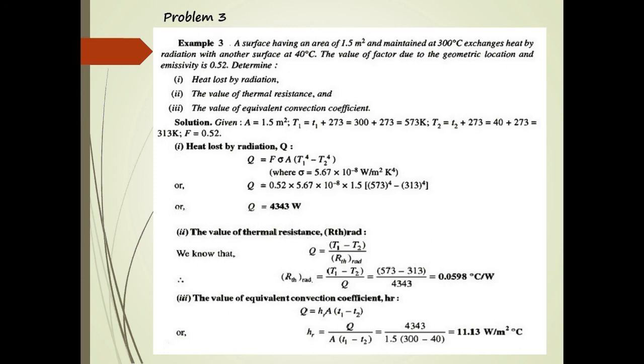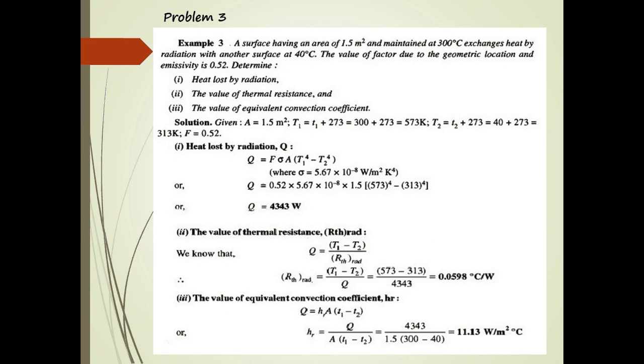The third question is the value of equivalent convection coefficient. So Q is equal to hA (Ts minus Tf). Equivalent convection coefficient means if this heat transfer could be done by convection, then what would be the convective heat transfer? So the amount of heat radiated is now taken as the amount of heat convected.